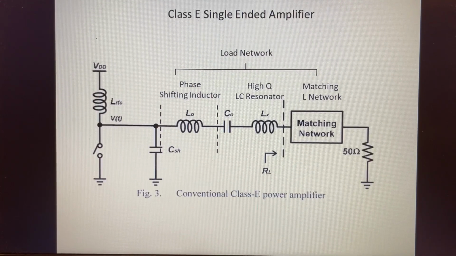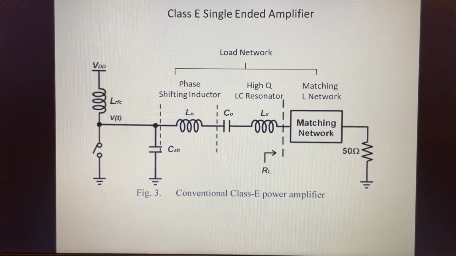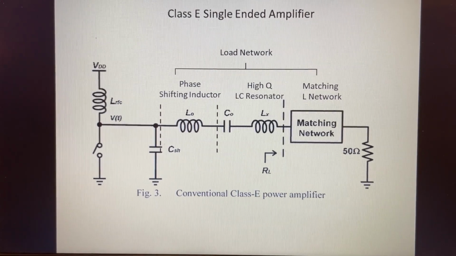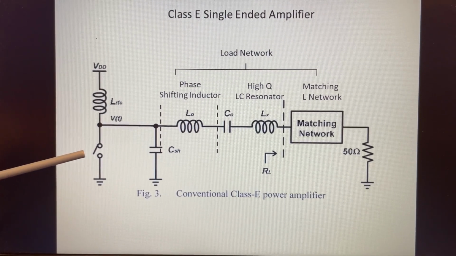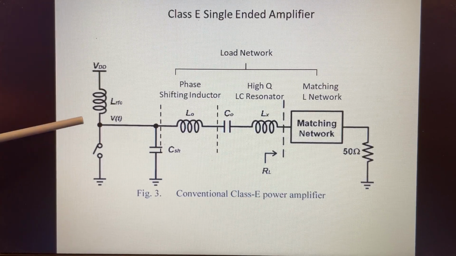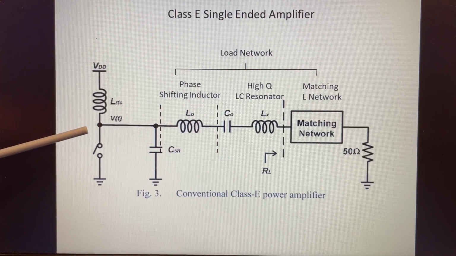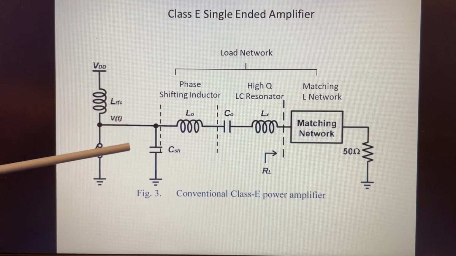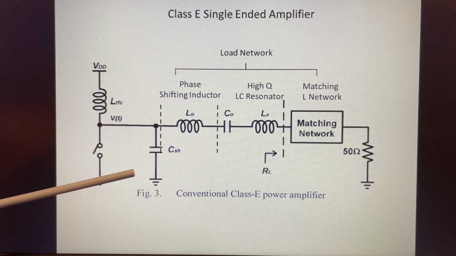So here's the circuitry that's been well documented and published. Basically what we have is our switch, which in this case is a MOSFET transistor. We have an RF choke, which you typically see in many RF designs. Then we have a shunt capacitor.